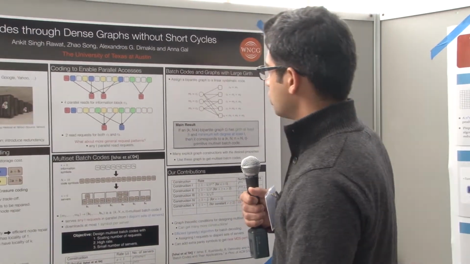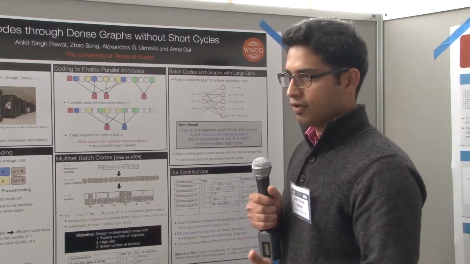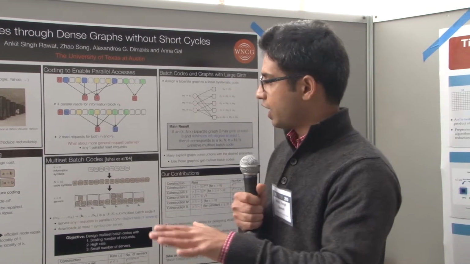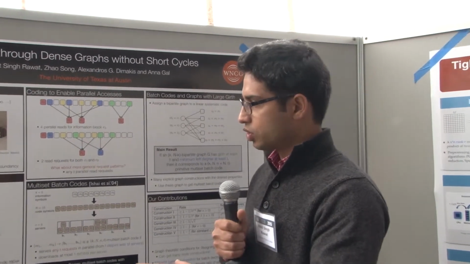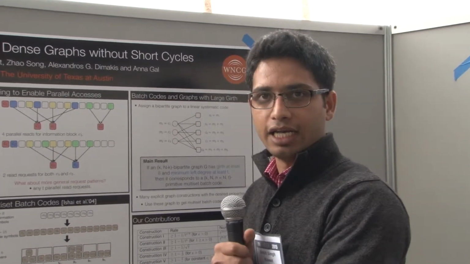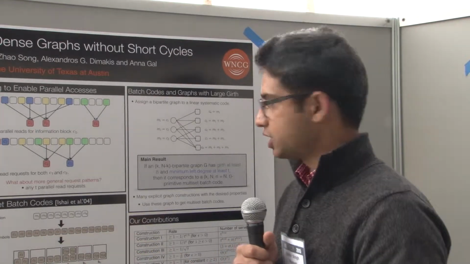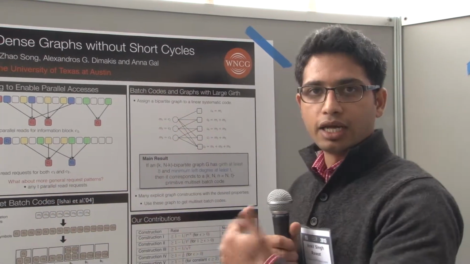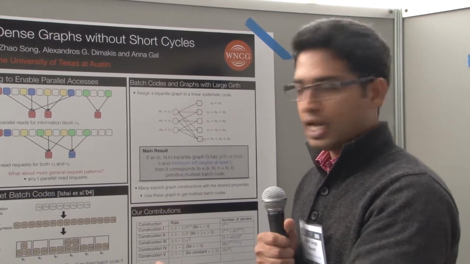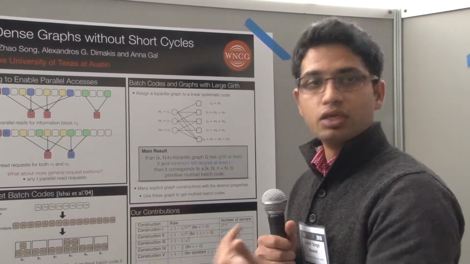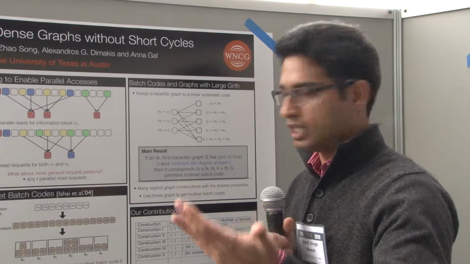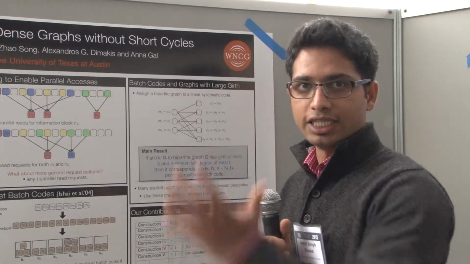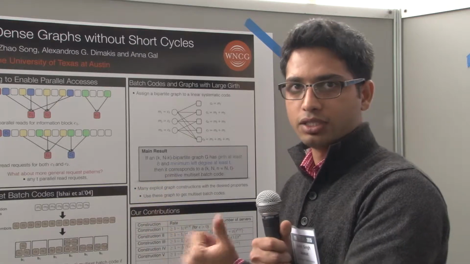We found that the requirement which your code needs to satisfy to be a multi-set batch code can be easily characterized using a graph theoretic condition. Given a code, we get a graph theoretic representation of it, and if this graph satisfies certain requirements, then your code is actually a multi-set batch code. So now your problem has reduced to designing graphs with some particular requirements.